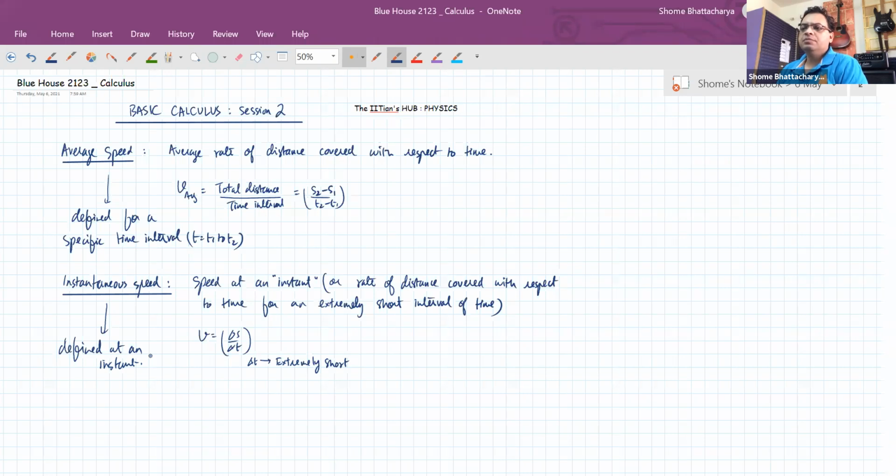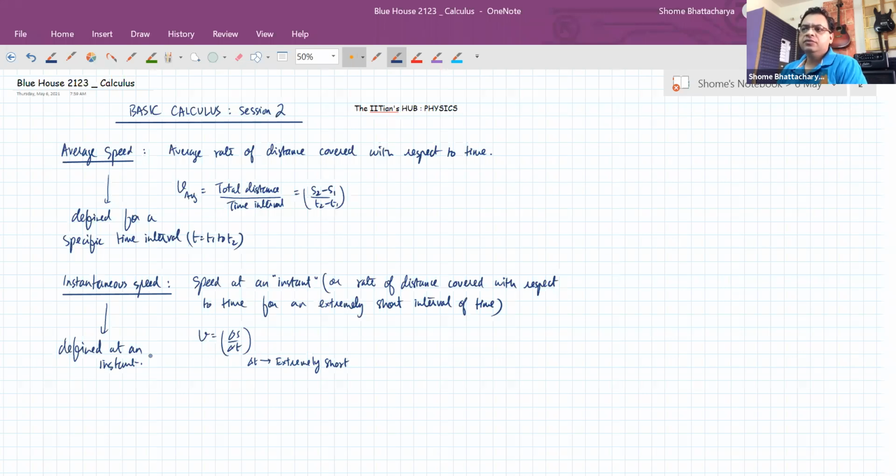When we talk about the measurement of instantaneous speed, for example, a speedometer or a speed gun, infrared sensors, etc., how they measure is that they calculate the distance traveled for a very, very short interval of time. For example, if a particular instrument is measuring instantaneous speed for a millisecond, we can say it's reasonably accurate.